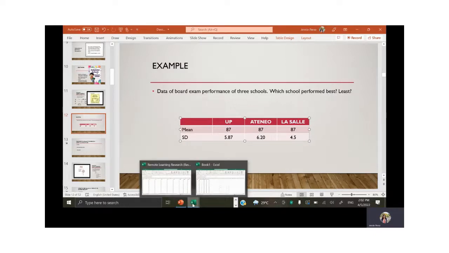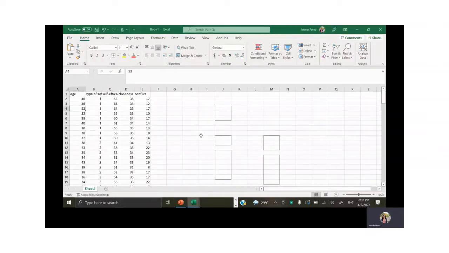Now, let us look here at the data set. How do we compute for this? This is about parent-child relationship and self-efficacy.